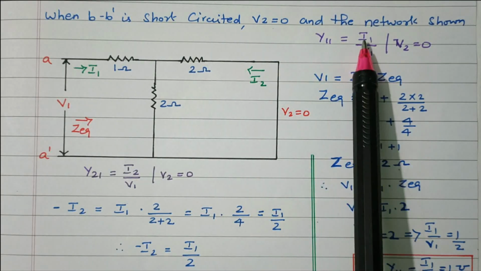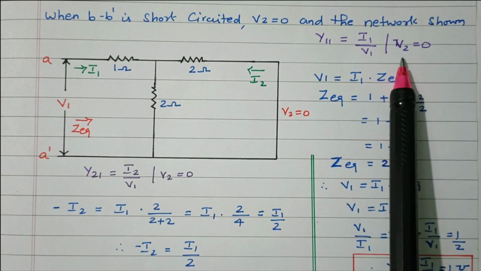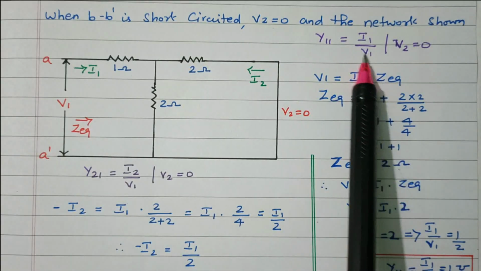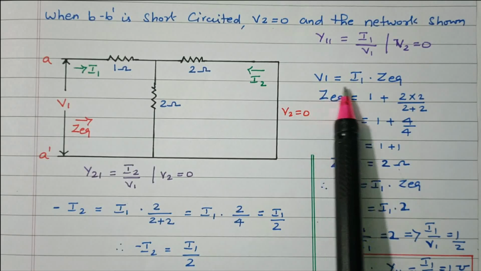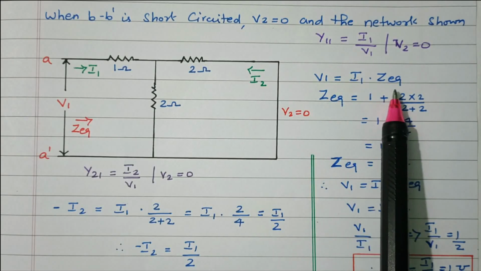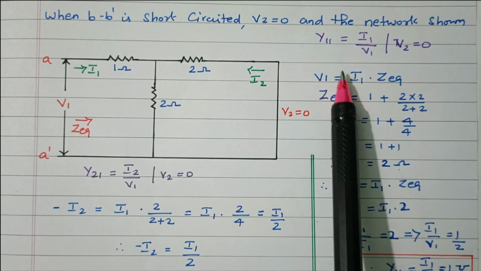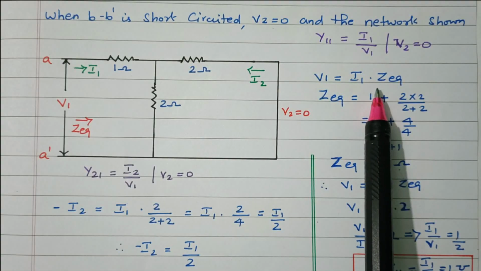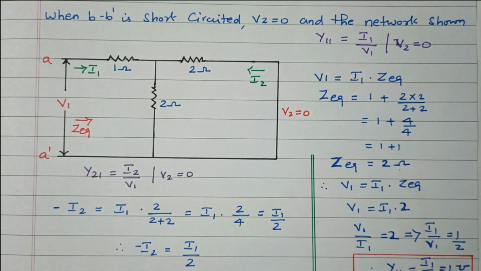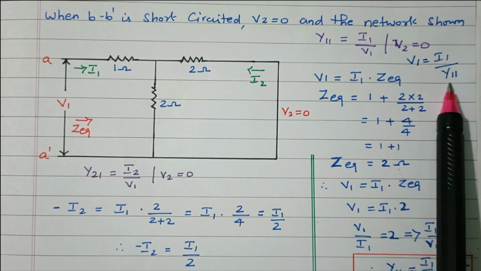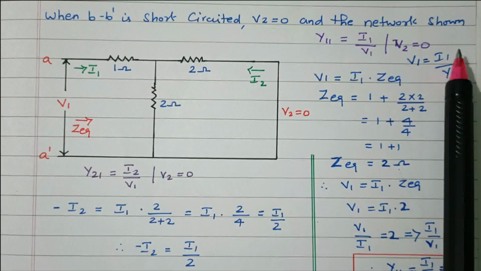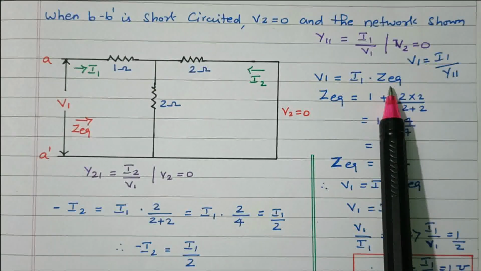What is Y11? I1 by V1 with V2 equal to 0. Cross multiply this so that V1 equals I1 times Z equivalent. That is, 1 divided by Y11 is Z equivalent. So V1 equals I1 by Y11, and 1 divided by Y11 is nothing but Z equivalent.